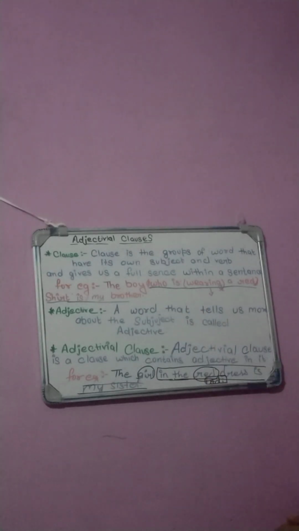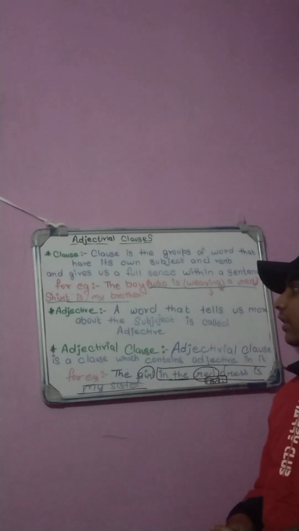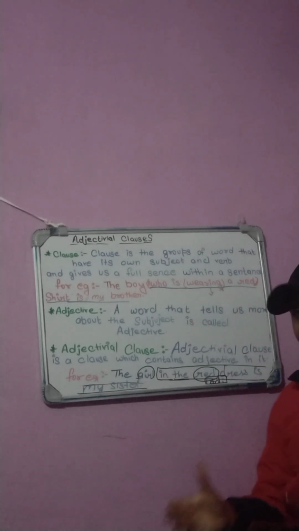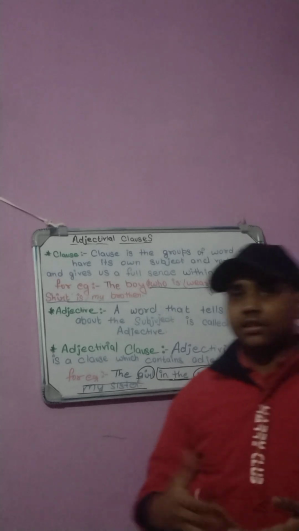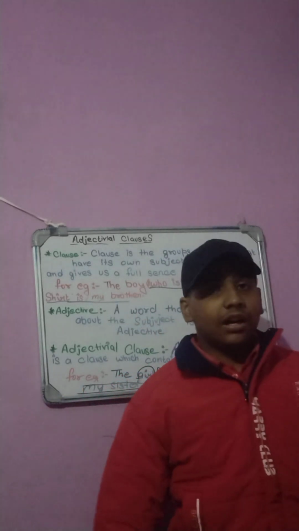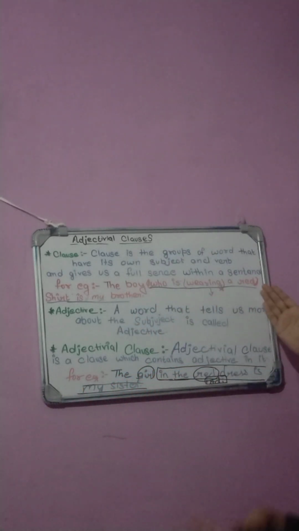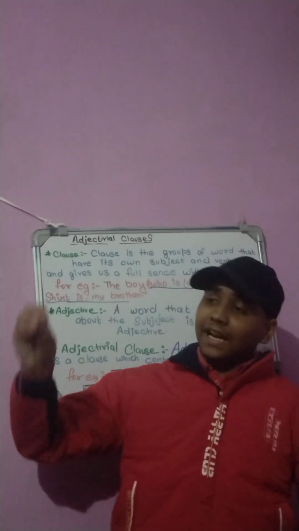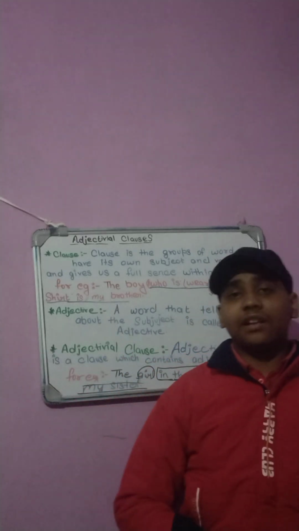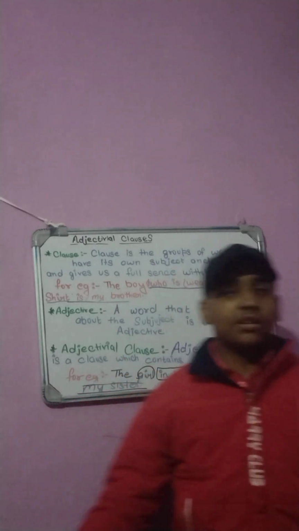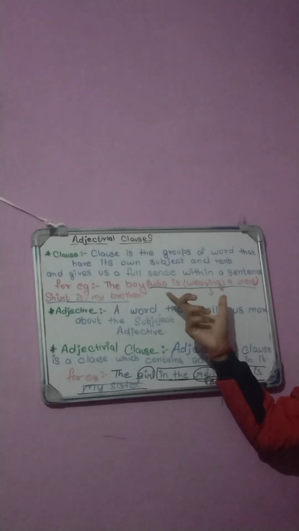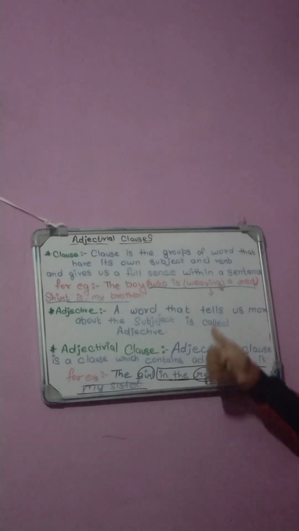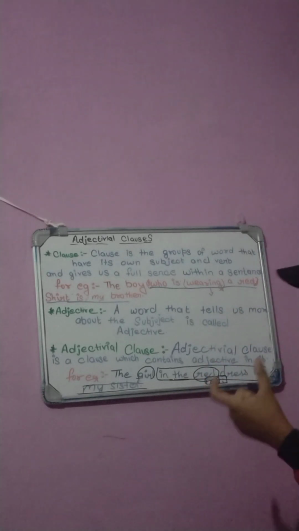The boy who is wearing a red shirt is my brother. So, who is wearing a red shirt is my brother. This is giving us a full sense, and it has a subject, a verb and a predicate.